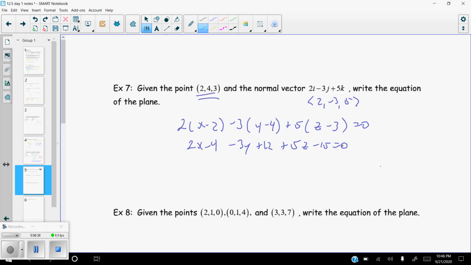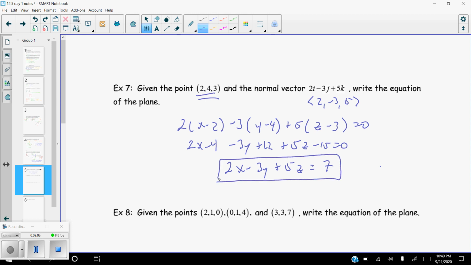We'll keep all the variables on one side, move the constants to the other side, so we get 2x minus 3y plus 5z, and let's see, we get negative 4 plus 12, which is 8, minus 15 is negative 7, but we'll add it to the other side, so we get equals 7. And there's nothing else we can simplify, no common factors, nothing else. That is the equation of our plane.